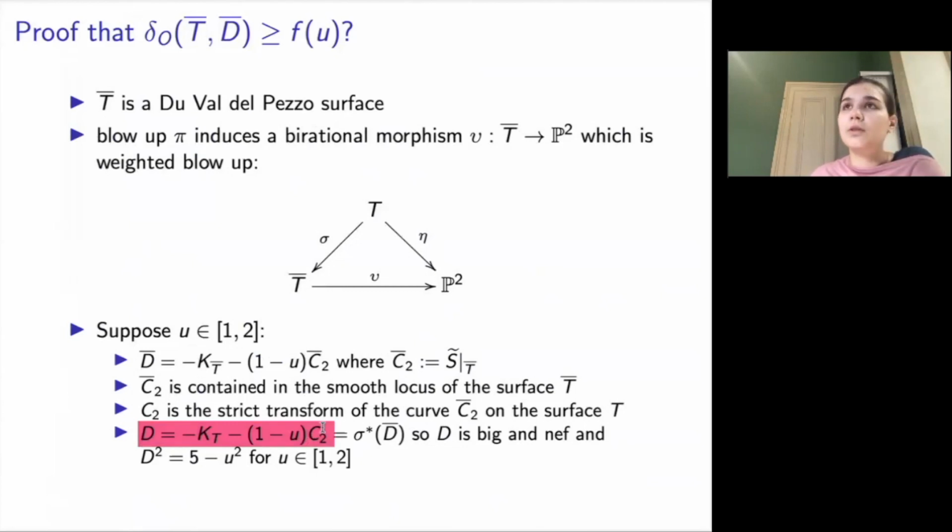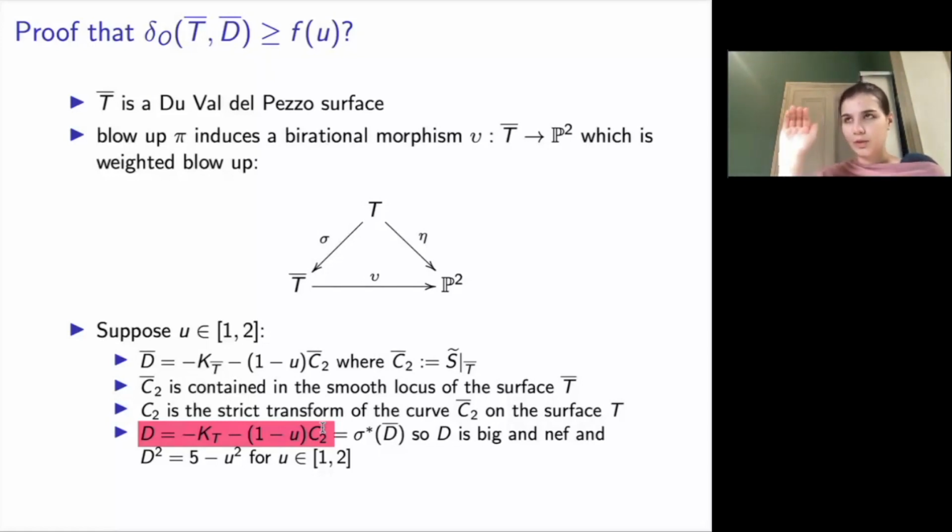Why C2? Because C2 is in fact a conic, because after that initial embedding, the curve C was a degree 5-1 curve, and then we embedded it using the natural embedding.